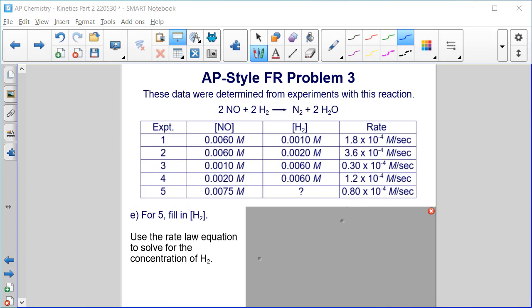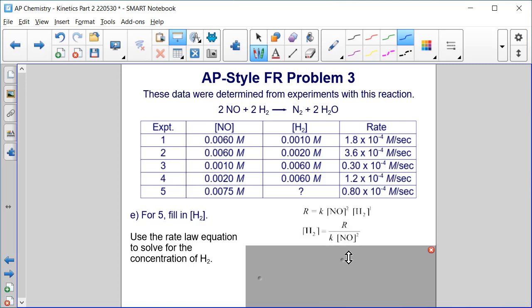Okay, part E. For experiment 5, right here we have this question mark for the H2 concentration. So we're just going to use the rate law. And we've already calculated K in a previous part. So we can find the concentration of the H2. So here's our rate law. The concentration of H2, if I rearrange, is the rate over K times the concentration of NO squared. So let's just substitute.